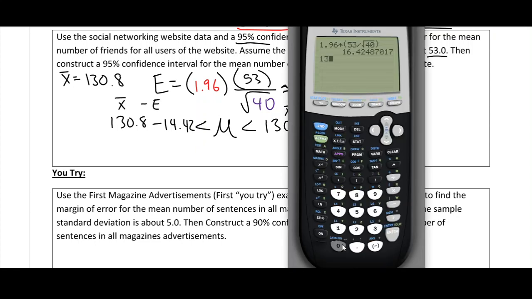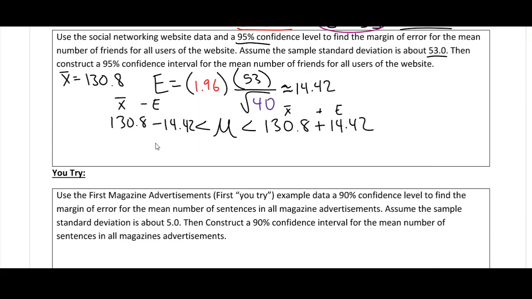130.8 minus 14.42, right? That's going to give me 116.38.